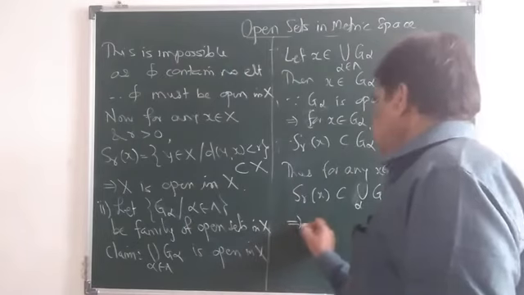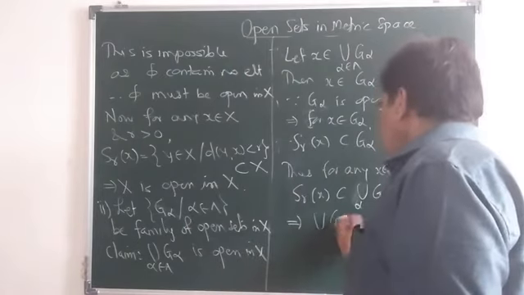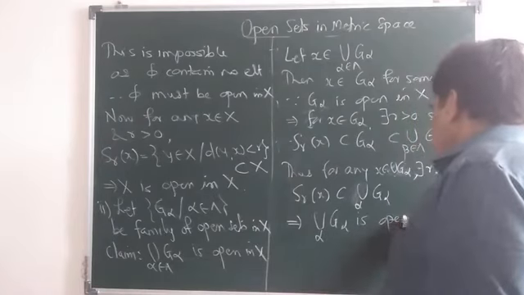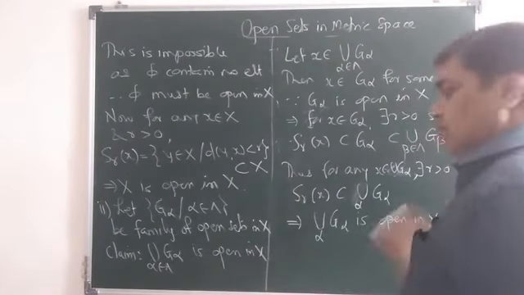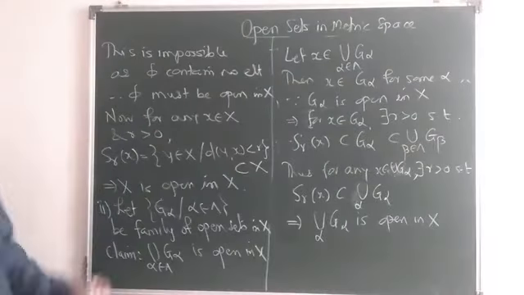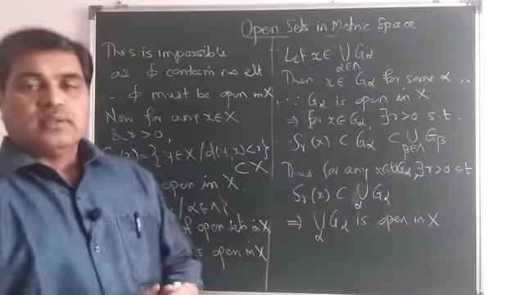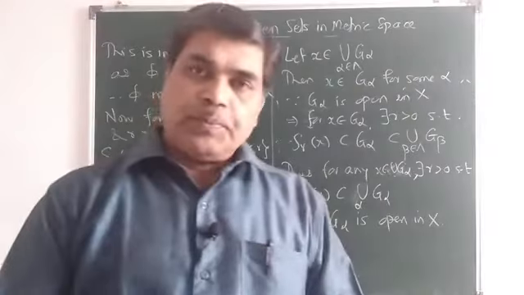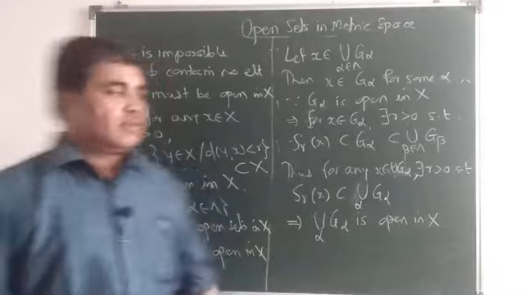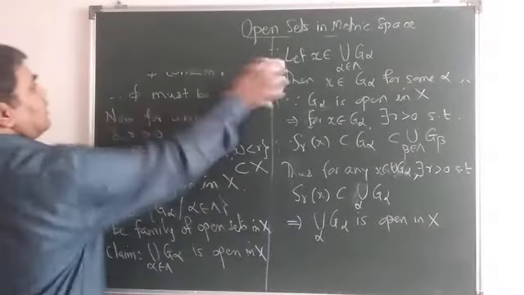This implies the union of G alpha is open in X. So we proved that a union of a finite number of open sets, or a countable number of open sets, or an uncountable number of open sets is open.